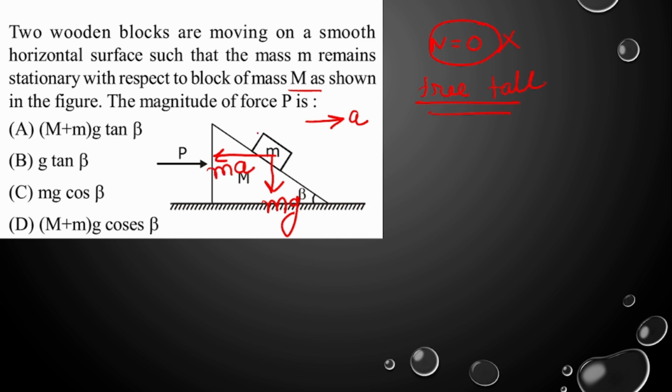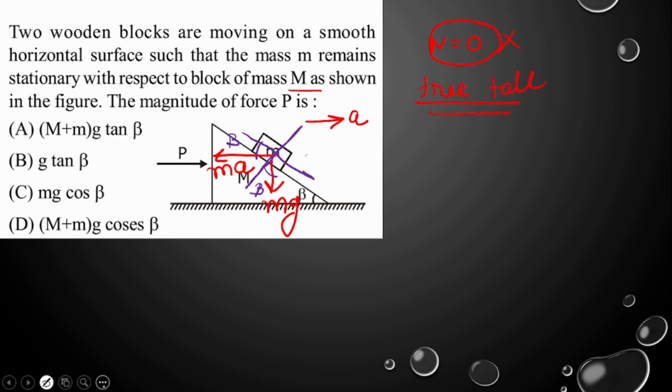And here we have components again, perpendicular to the surface and parallel to the surface. This angle is beta, and this angle is again beta.